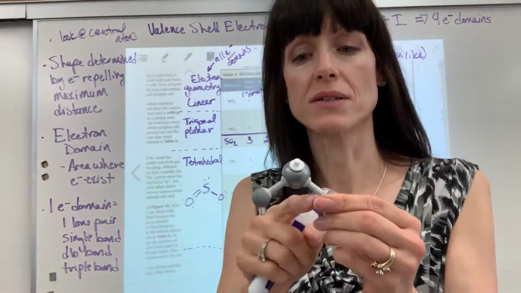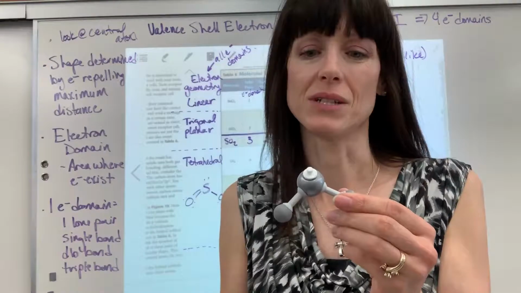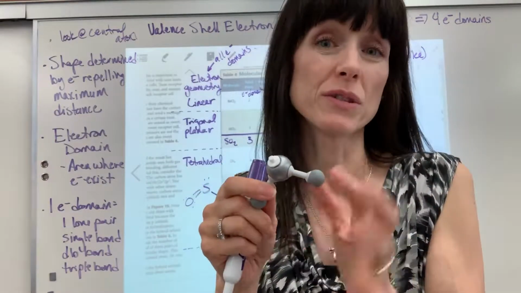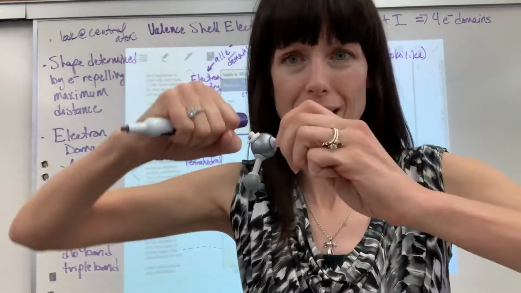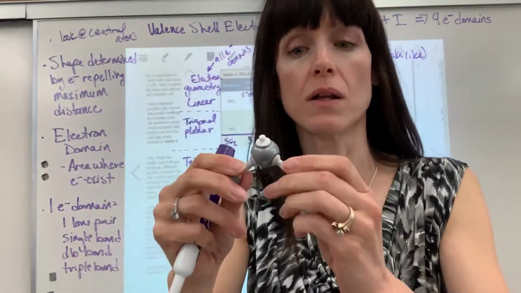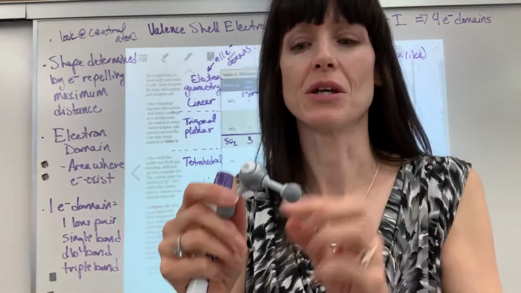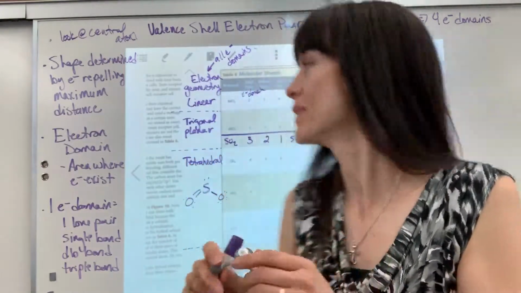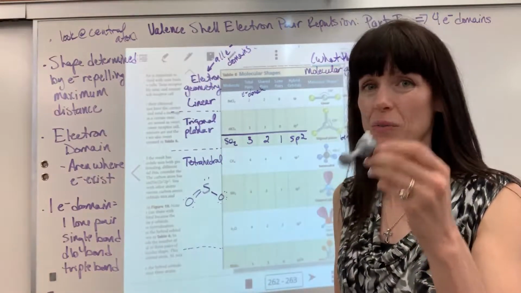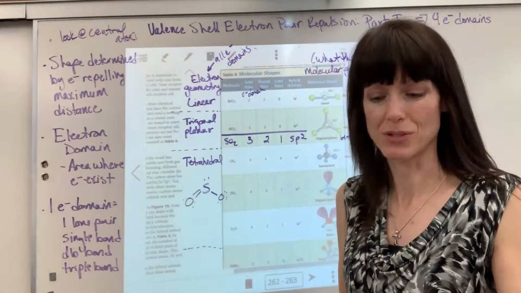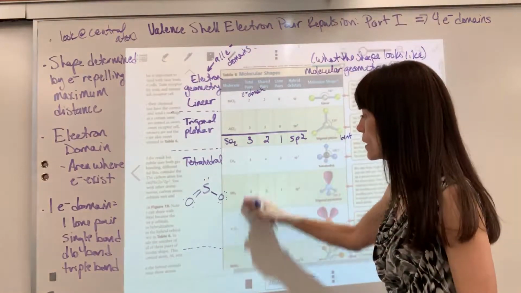It's bent, and we'd still say that that would be 120 degrees. In reality, it's a little bit closer, maybe like 118, because lone pairs sit close to the central atom and they torque and push and repel a little bit harder. But for what you need to know, 120 right there. Okay, so I wanted to add that one so you could see what happens when we add a lone pair to a trigonal planar electron geometry. All right, let's go to the next one.